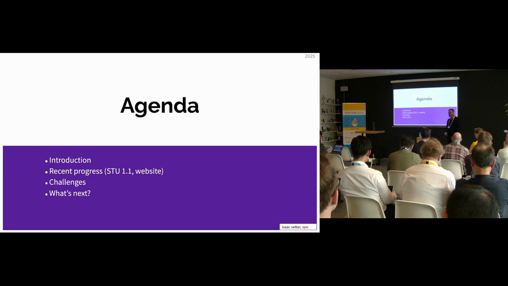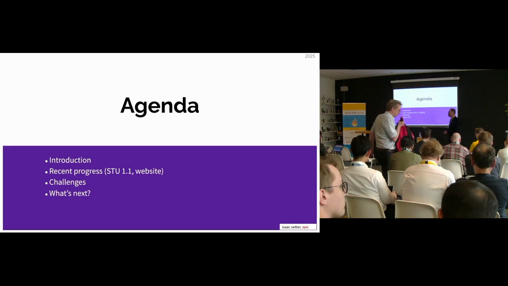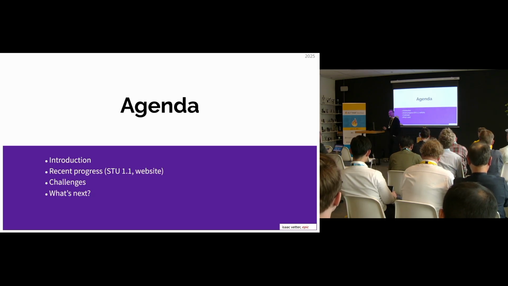Lastly, I'll talk about what's next, how we're planning on overcoming those challenges, including future steps for the project. I'm also going to plug the same Birds of a Feather session that Mikhail briefly talked about earlier today.